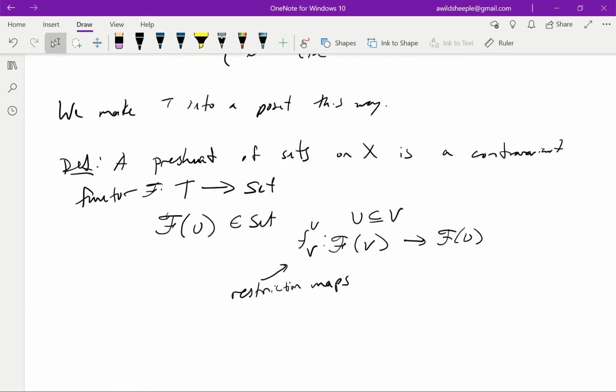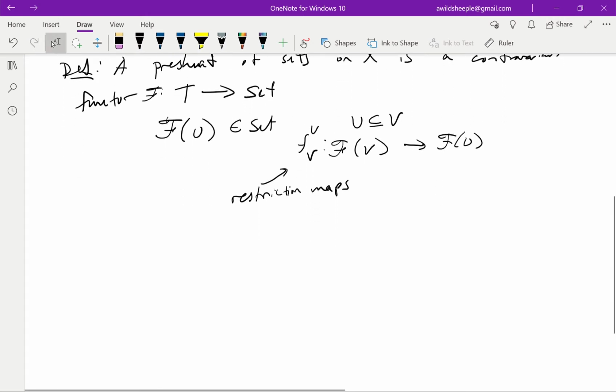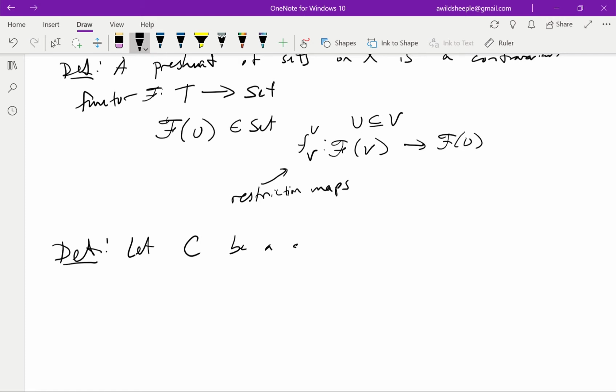So what we do is we upgrade this definition to a category theoretic definition that doesn't make any reference to any specific category. So what we're going to do is define essentially a presheaf on a category. Actually, I hesitate to say that because maybe we'll mean something else by that in a little bit. But anyway, I digress. So we take our small category.